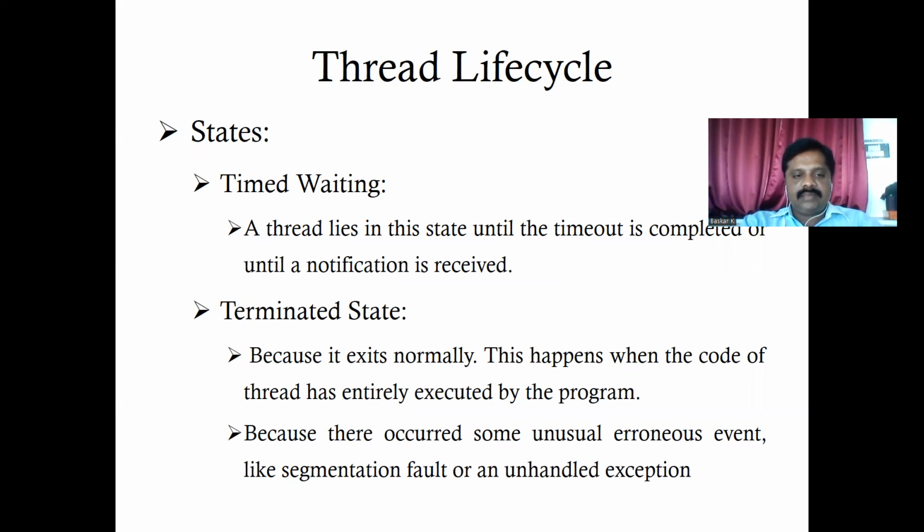The last state is the terminated state, because the thread exits normally. This happens when the code of the thread has been entirely executed by the program, or because some unusual erroneous event occurred, like a segmentation fault or an unhandled exception.